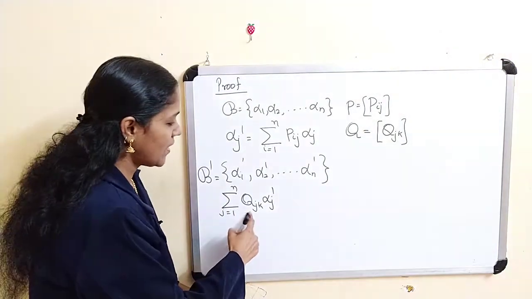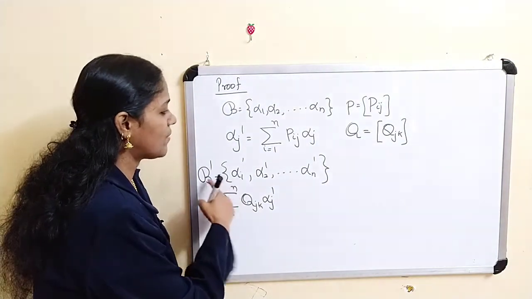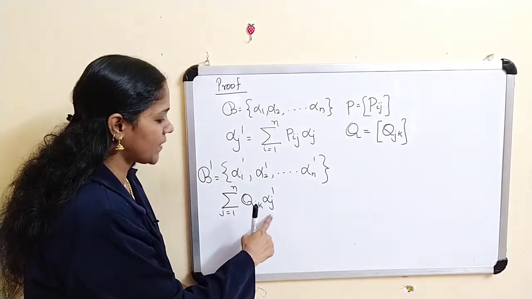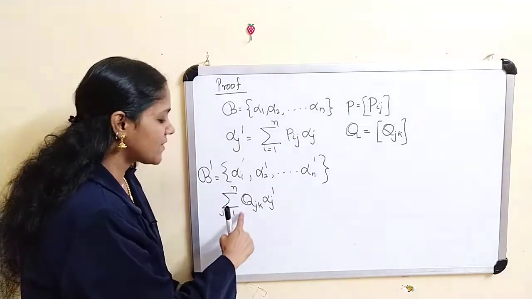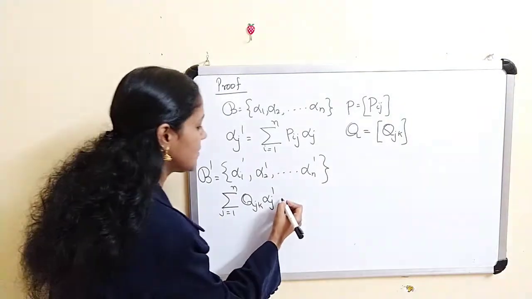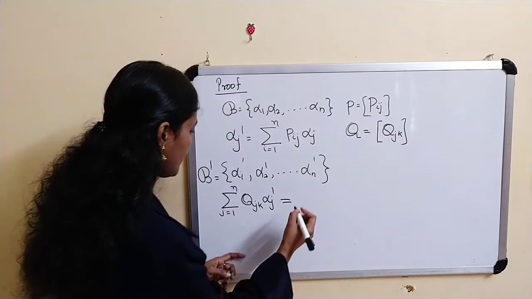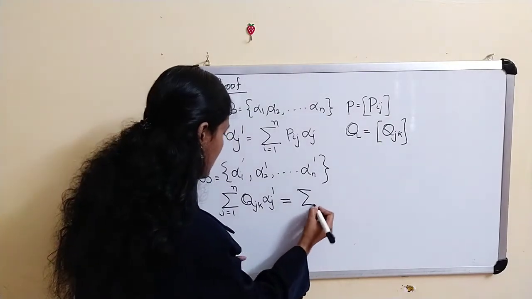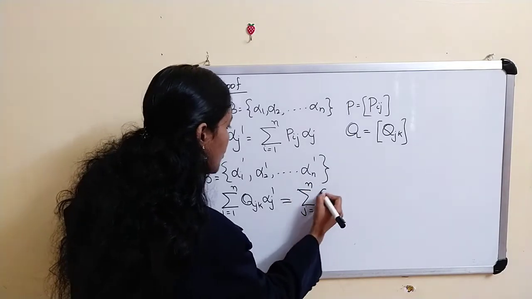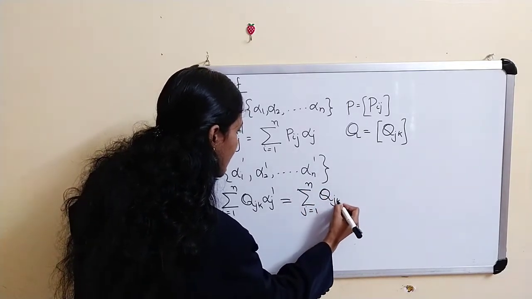It is not a span, it is a linear combination of elements of B dash. And this is equal to sigma j varies from 1 to n, Q j k times alpha j dash.